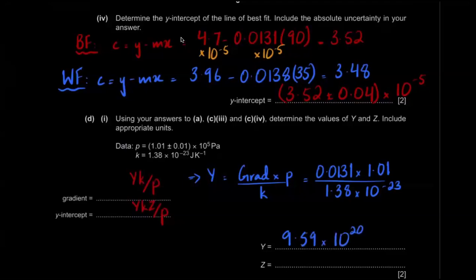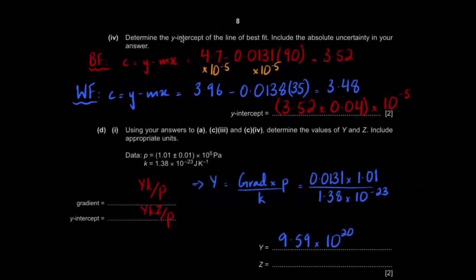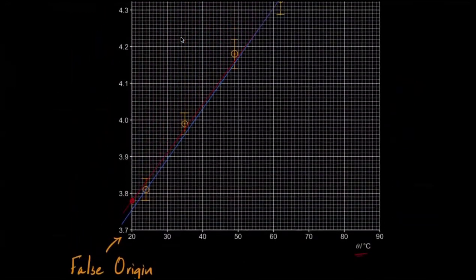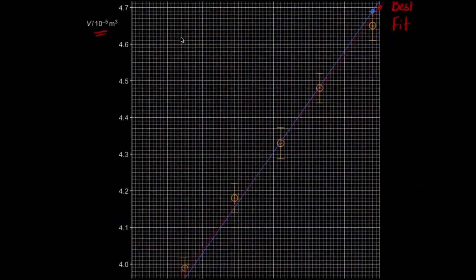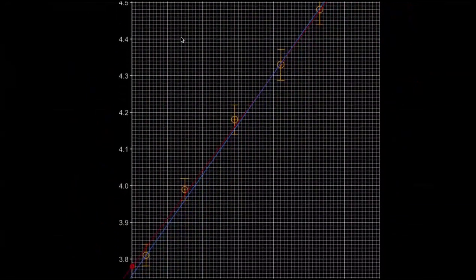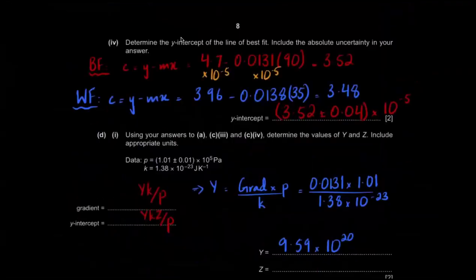Now, how about the units? If you think about what the units of the gradient were, the units of the gradient are always units of y divided by units of x. So these were really meter cube per degree Celsius, right?